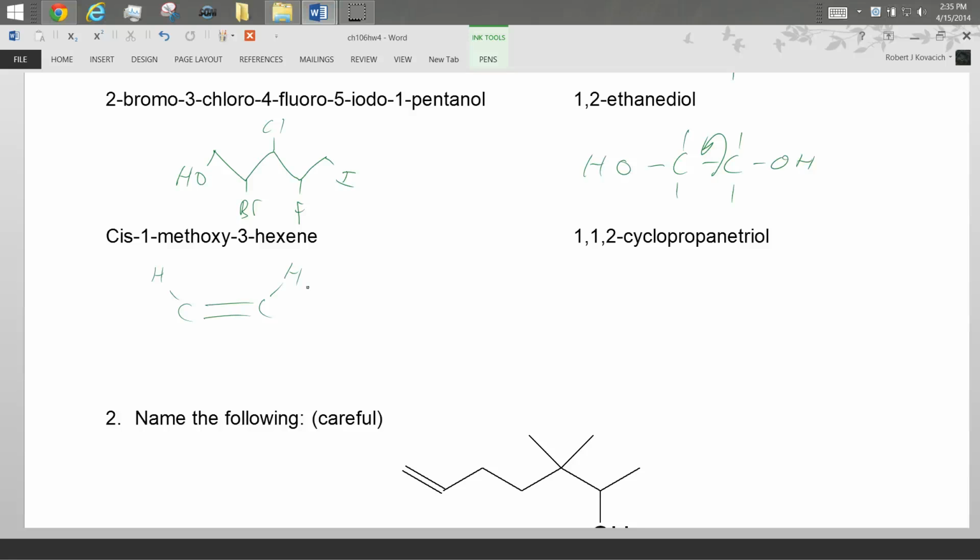I've got 2 of my 6 carbons, so I will put another carbon there, and I'll put another carbon there. 1, 2, 3, 4, 5, 6. So there are 6 carbons. There's a double bond there. And what else do I need? Oh no, those groups are cis to each other. Pretty nice. So methoxy.